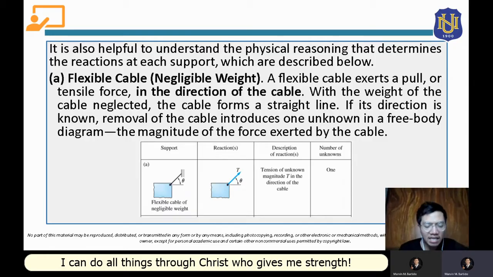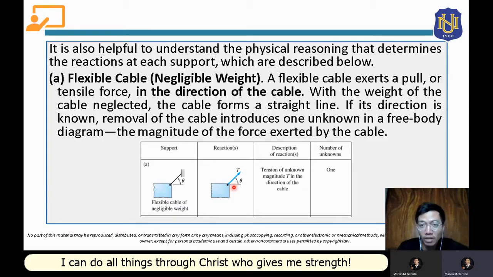Okay, so let's say we have here this body, and it is supported by this cable. If we are going to construct the free body diagram of this body with this support, again, this support will provide a tension force. It is always a pull, it cannot be a compression force.